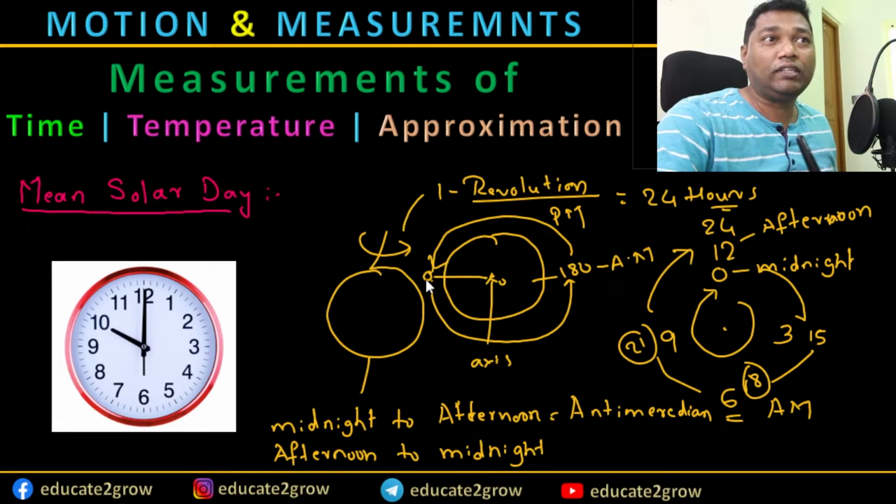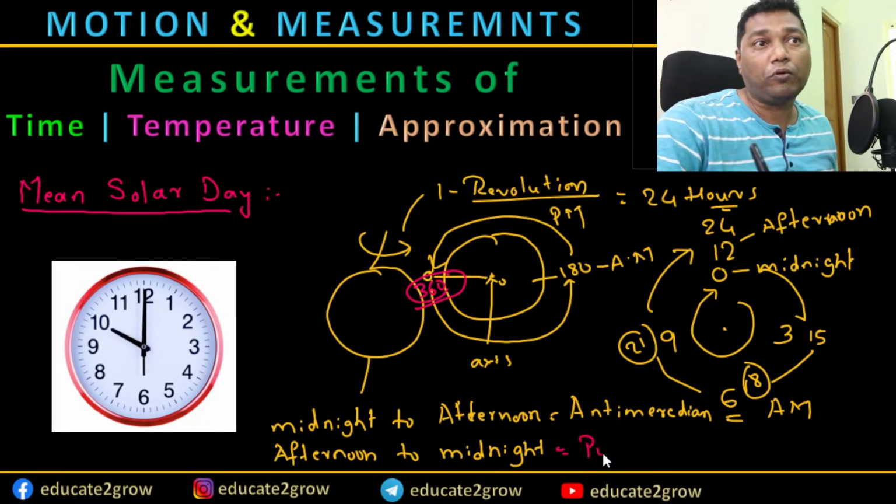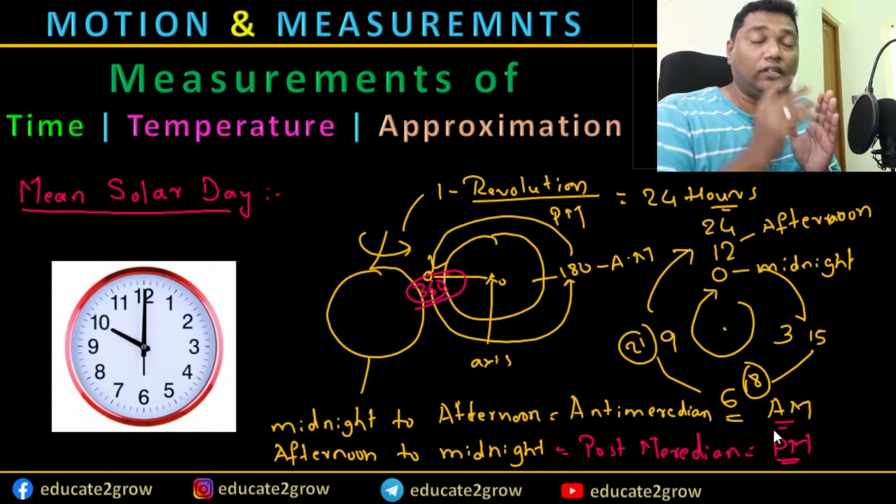Here it completes 360 degrees, and this is called post meridian. This is called PM. So this is how it is called.